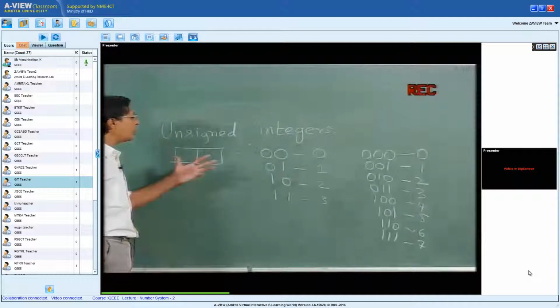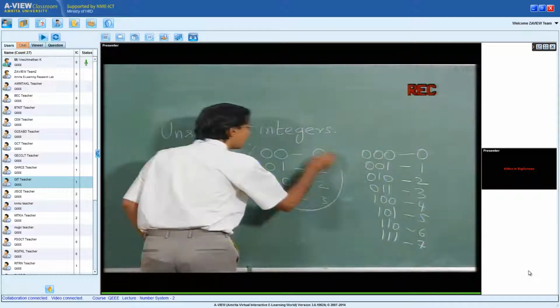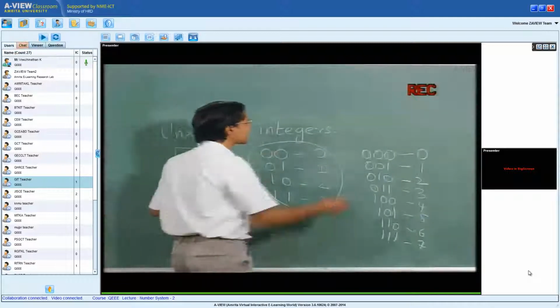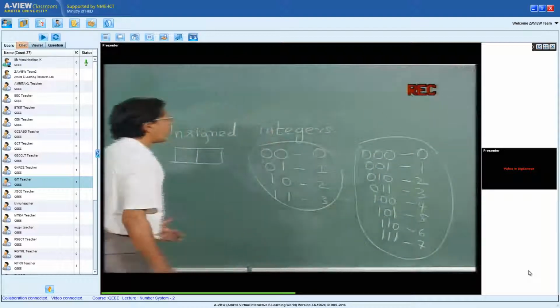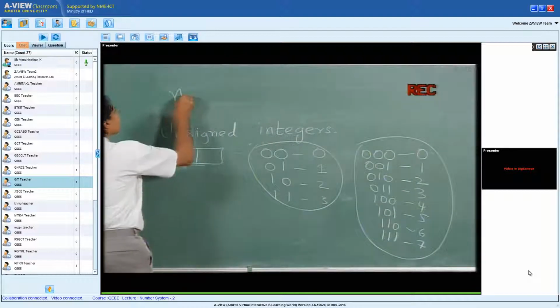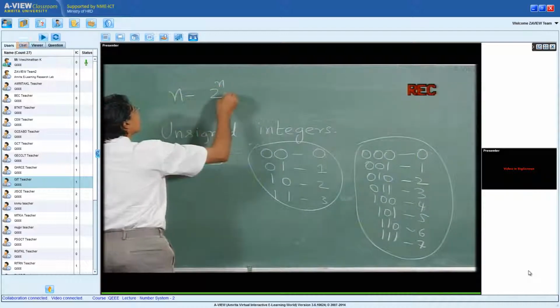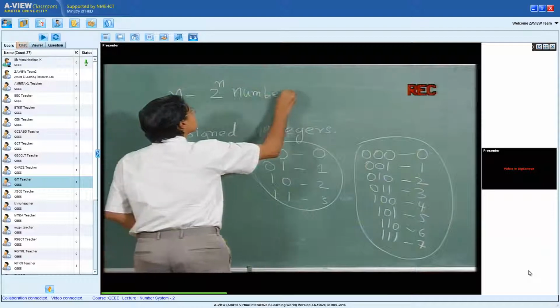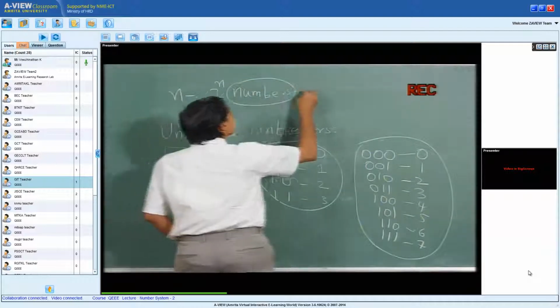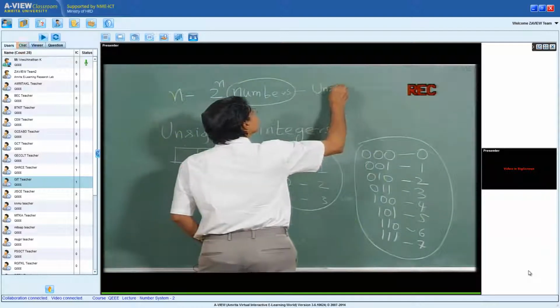So if I have 2 bits, I can represent up to 4 numbers. If I have 3 bits, I can represent up to 8 numbers. So if I have n bits, I can represent up to 2 power n numbers. These numbers stand for unsigned integers.